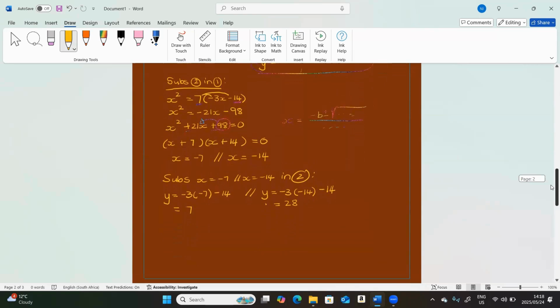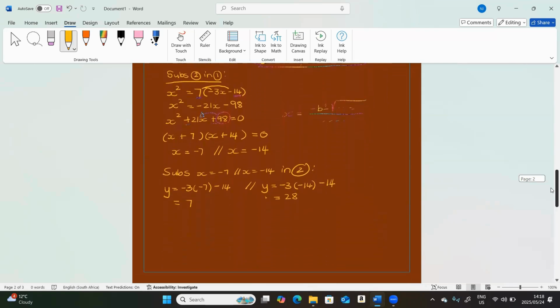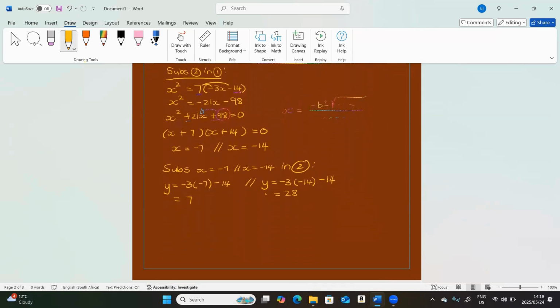Now, there is usually exam technique when you answer simultaneous equations. You can always apply that, and you can draw your little block over here giving us the information, which says that when x equals -7, then y equals 7.